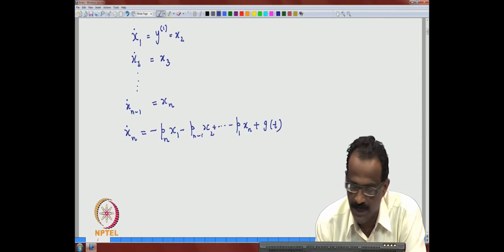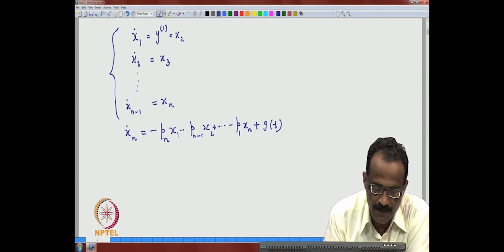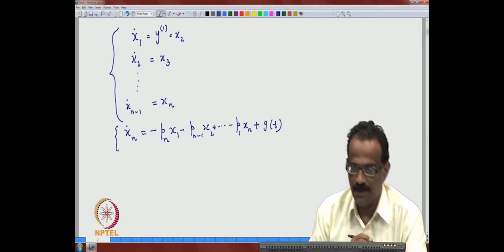So, this is from the equation. The first n minus 1 are from the definition, the last one is from the equation.